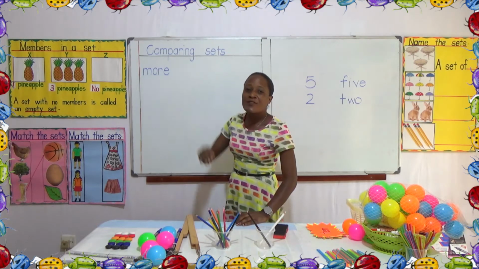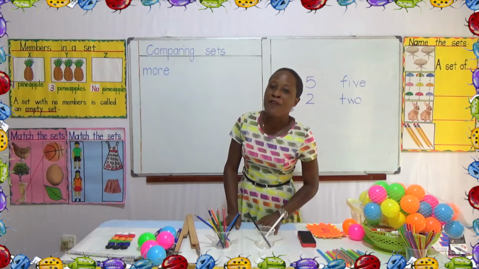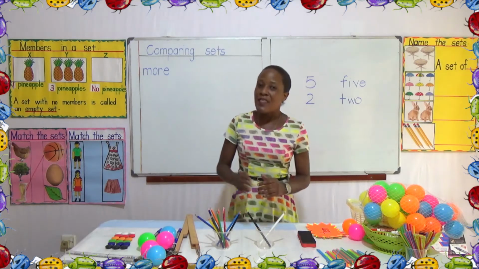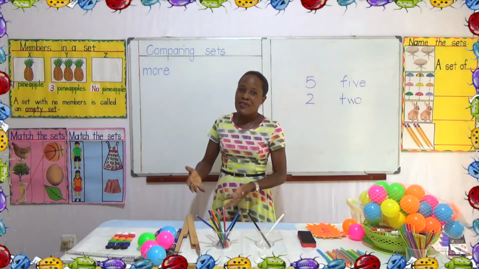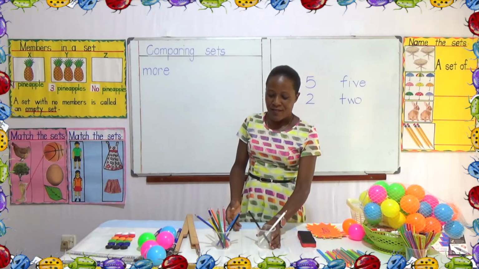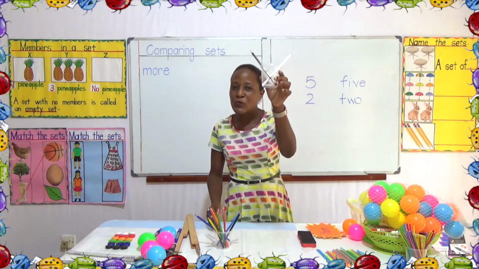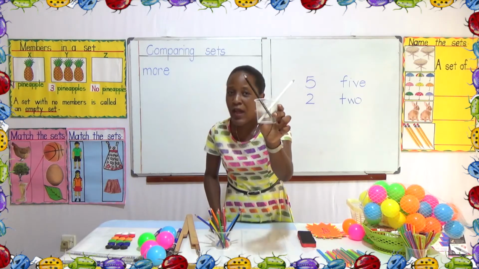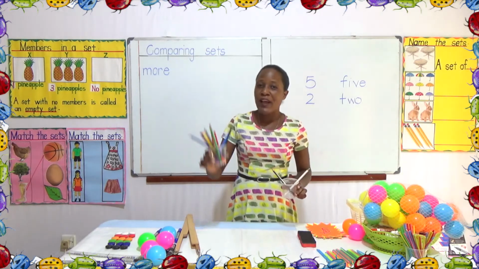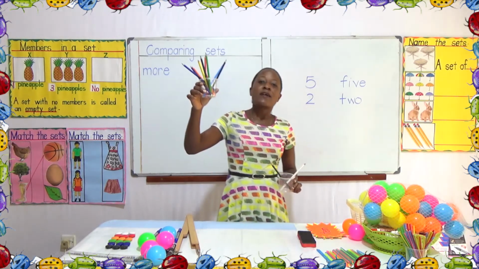That word is used when we are referring to the set that has many. For example, these ones are 2 colored pencils in our cup, and we counted these ones and there were 10.